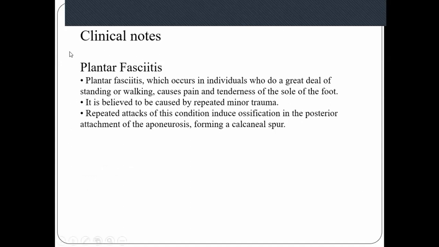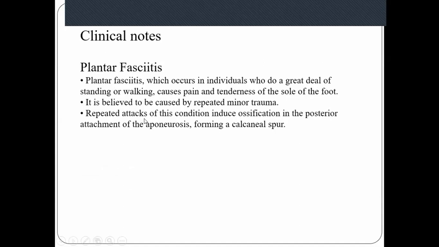I have put a small clinical note on plantar fasciitis. Plantar fasciitis is the inflammation of the plantar fascia. It occurs in individuals who do a great deal of standing or walking, and causes pain and tenderness of the sole of the foot.